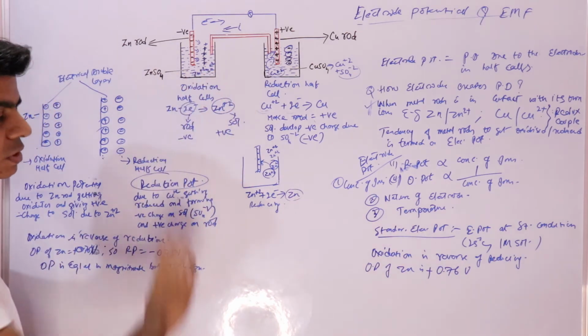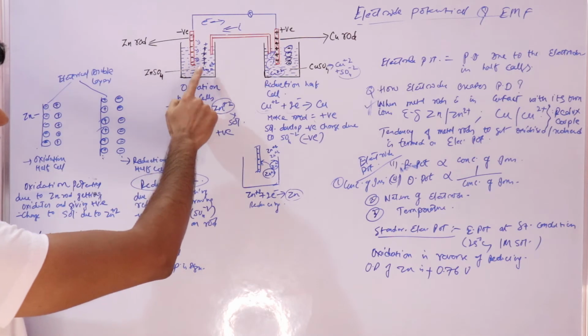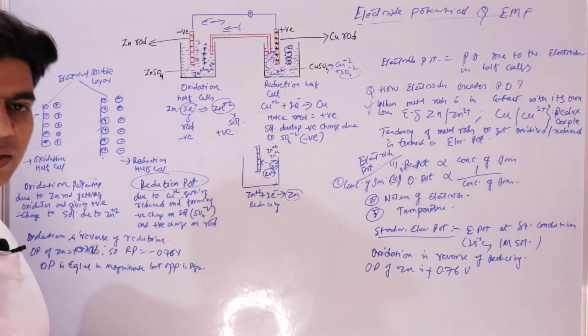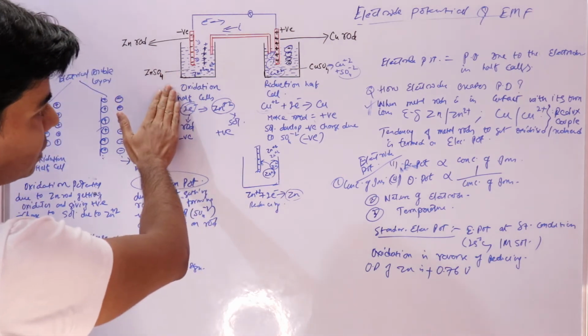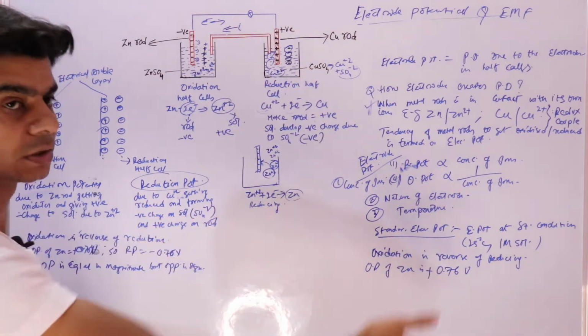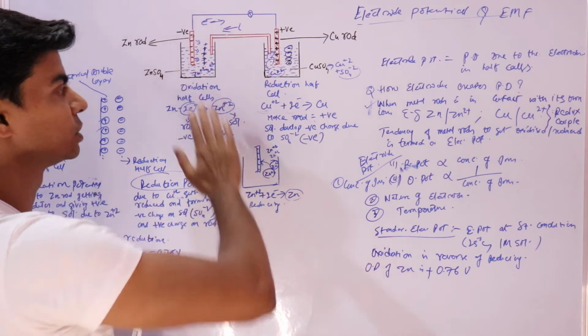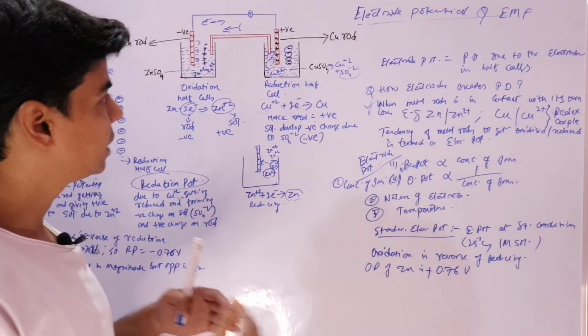Similarly, in this oxidation half cell, due to oxidation occurring, this rod will acquire a negative charge. So negative charge is due to oxidation, positive charge is due to reduction. Due to these oxidation and reduction reactions, the electrodes acquire opposite charges.